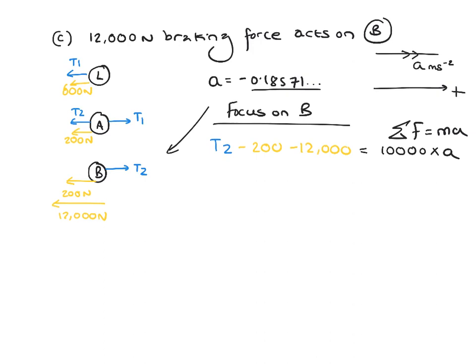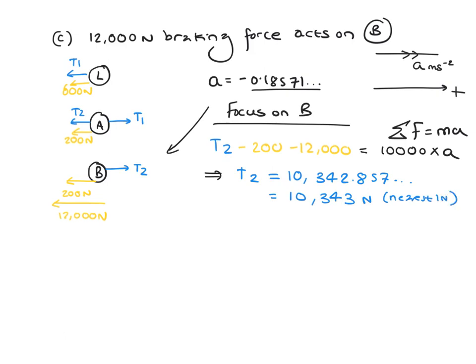Don't worry about whether you've got T2 in the right direction or not, because you can interpret your answer carefully at the end. So we can very simply from here calculate our value of T2, and it comes to 10,342.857, etc. So we can round that to 10,343 newtons to the nearest whole newton.